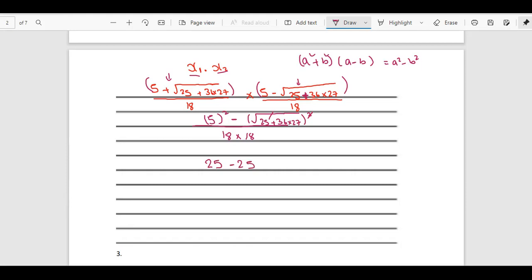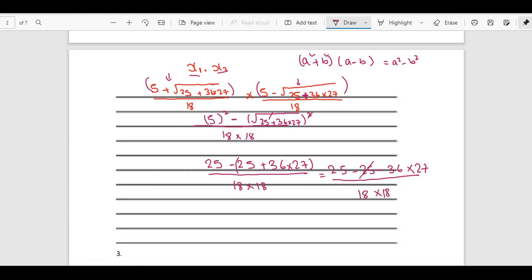Then the minus sign is common, plus 36 into 27 divided by 18 into 18. Now this basically is 25 minus 25 minus 36 into 27 divided by 18 into 18.